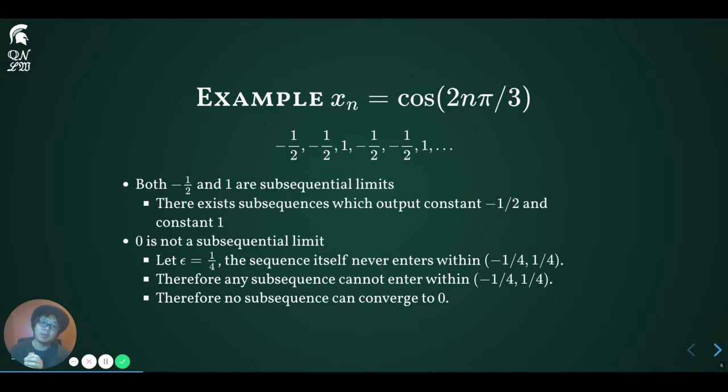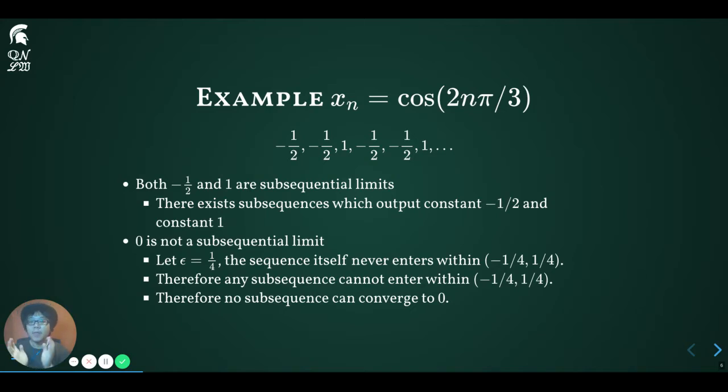Let epsilon be equal to 1/4. Then, since the sequence only takes values minus 1/2 and 1, the sequence never enters the interval from minus 1/4 to plus 1/4. As a subsequence is only ever made out of terms from the sequence, this means that if the sequence never enters an interval, the same is true for any of its subsequences.